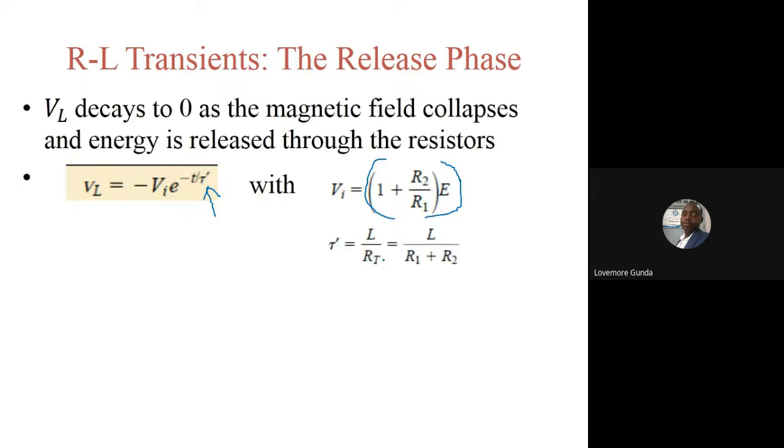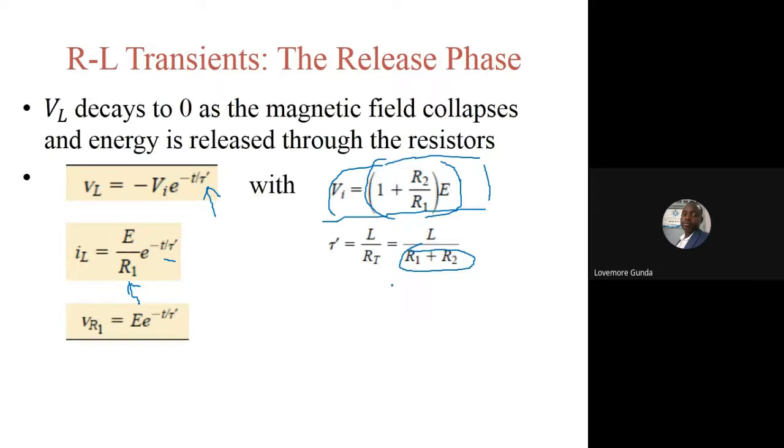Then tau becomes equal to L over RT, where RT is R1 plus R2, because they are both now in series with the inductor when we remove the source. Then IL becomes E over R1, exponent of minus t over tau. Why would we have E over R1? Because that was the maximum current flowing through the circuit before it was opened. So what changes is the initial value of the voltage. That is the one which is now determined by R1 and R2.